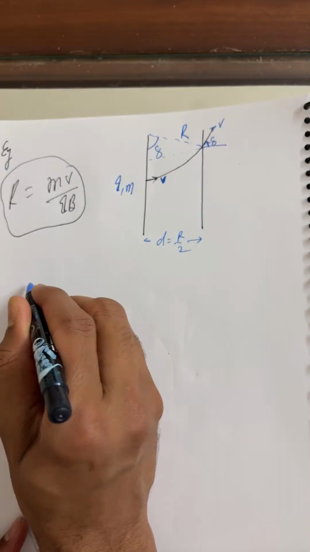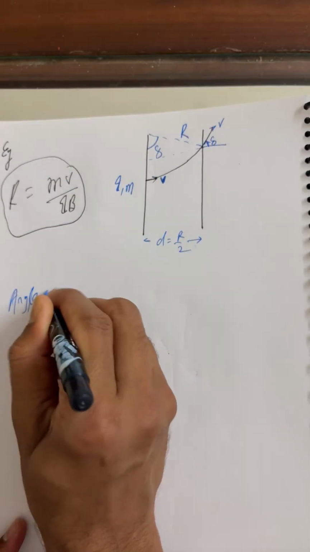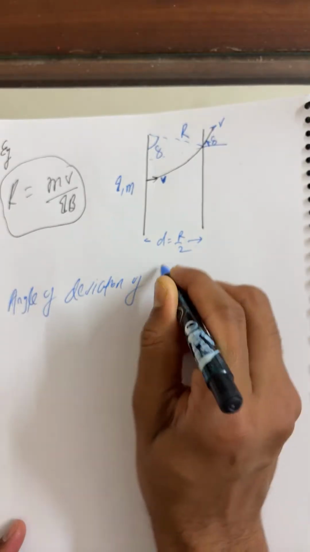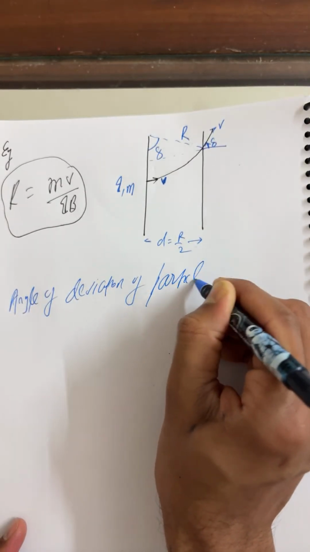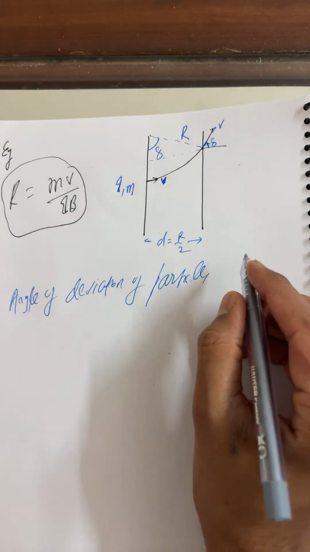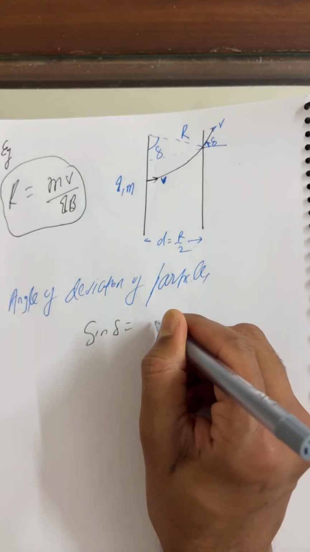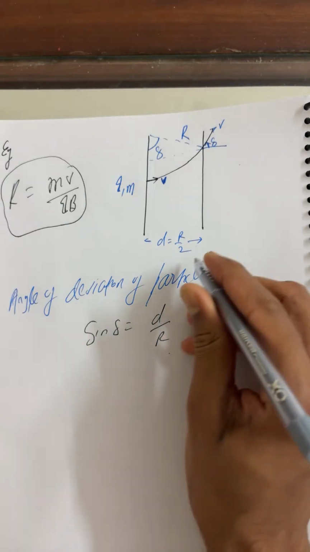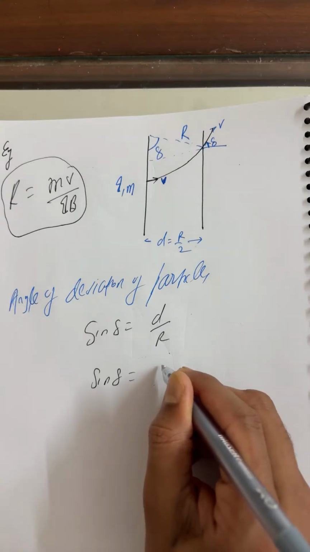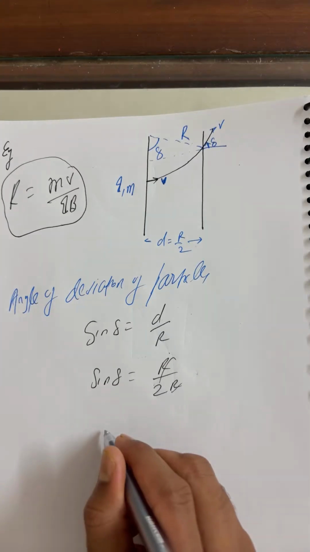So students, here I'll write first: angle of deviation of the particle. Sine of the deviation is D upon R. D, beta, is already mentioned in this question, so sine of the deviation is R by 2 by R; R cancels here.